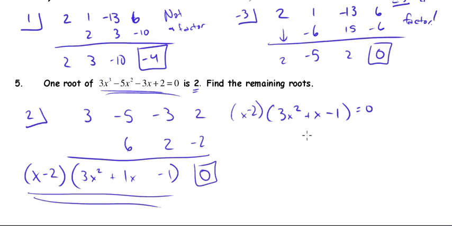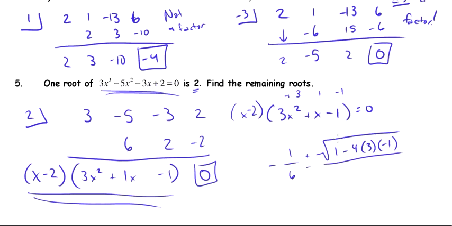So negative b, my a is 3, my b is 1, and my c is negative 1. So negative b, negative 1, over 2 times a, so 1/6, plus or minus the square root of b squared, so 1, minus 4 times a times c, negative 1, also divided by 2 times a, which is 6.